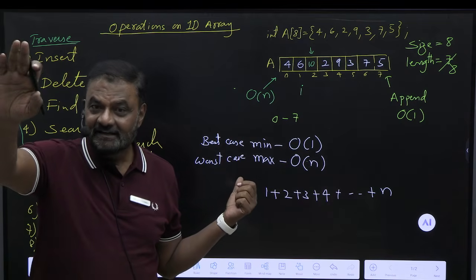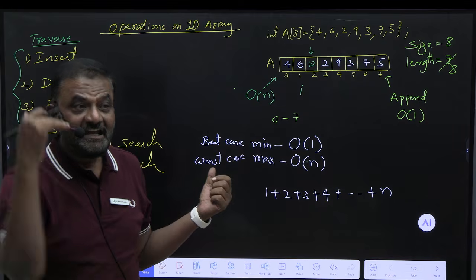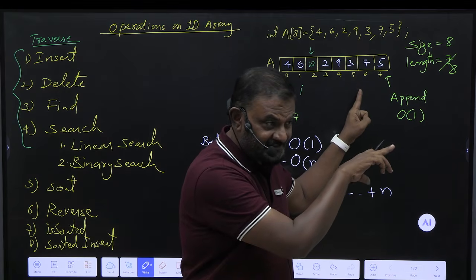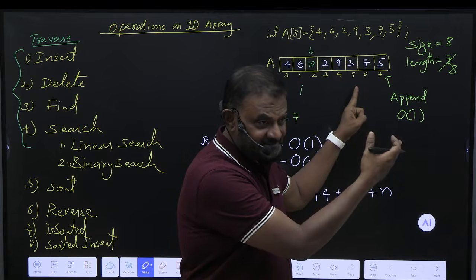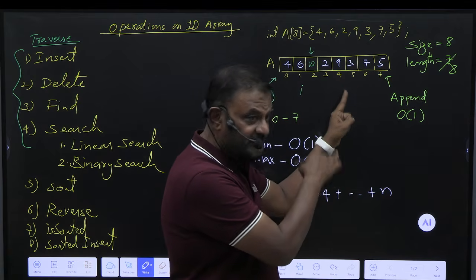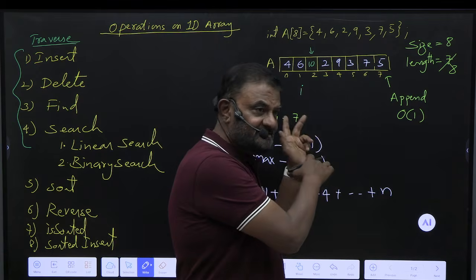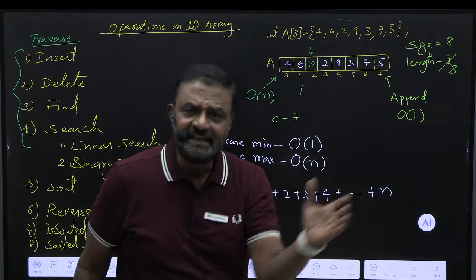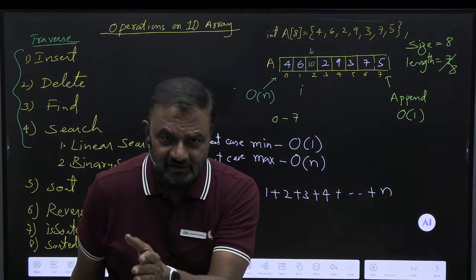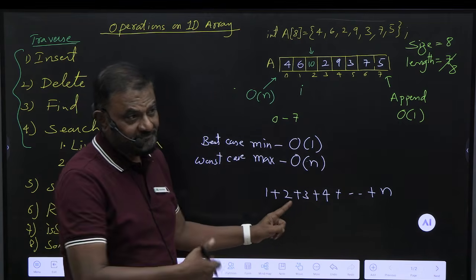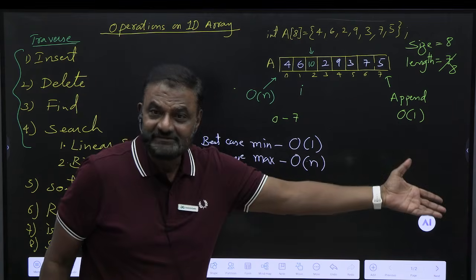All right. Now the question is, if you are inserting at index 6, or inserting one place before the last, or 2 places before, 3 places before, 4, so these are all cases. Up to the last, which is n.